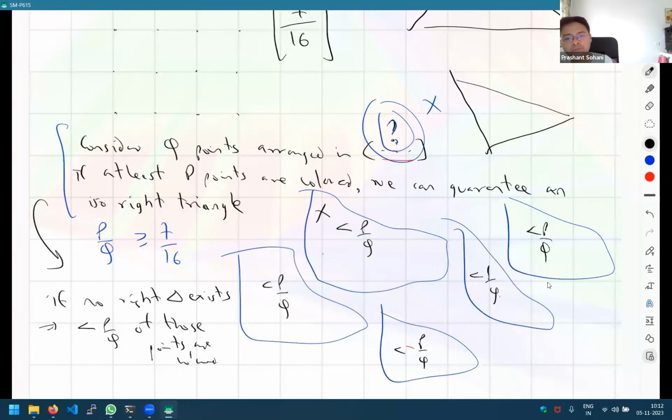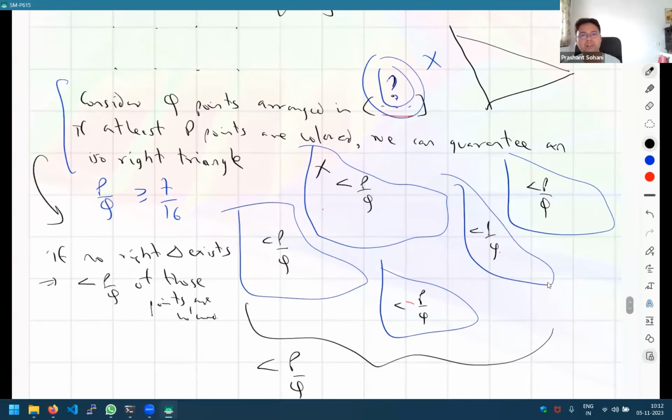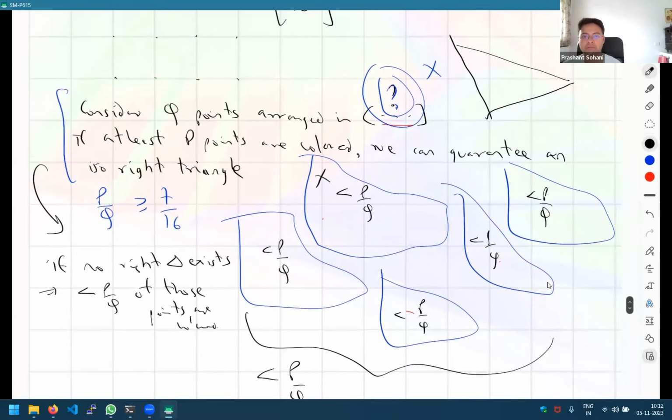Now if I add up all of them, I will get that in the entire region you are considering, the number of points colored is less than P by Q. And that will be the contradiction, because we know that at least 7 points are colored. So I'm just giving the most broad possible strategy, that if you have a question like this, how you can try to approach it. We have to find this small part within the whole question, which can be broken and solved like this. So this is the general direction in which we would like to go.